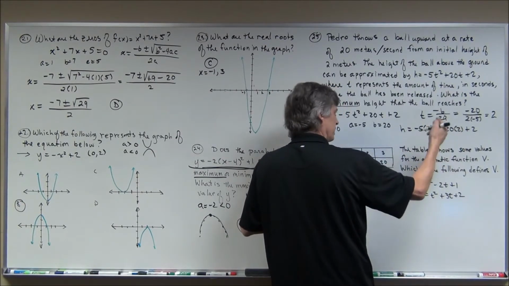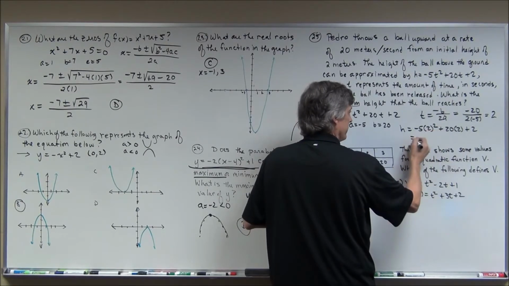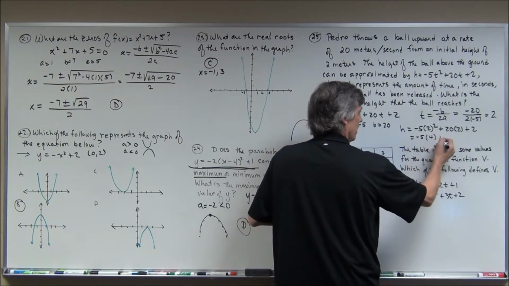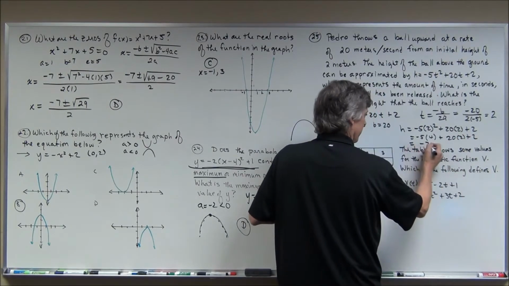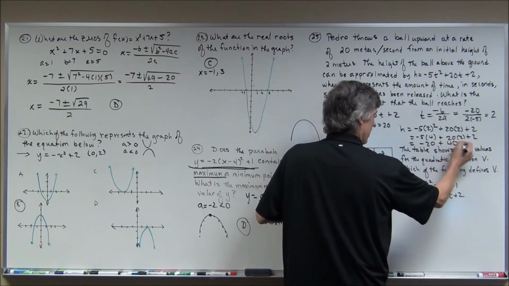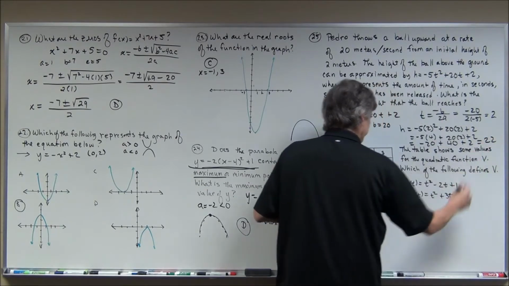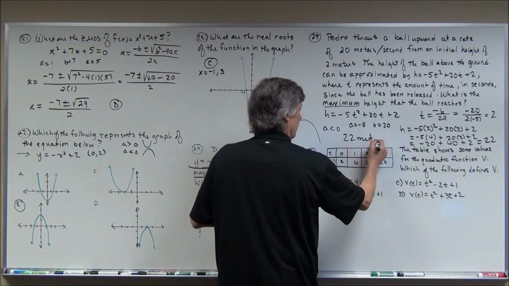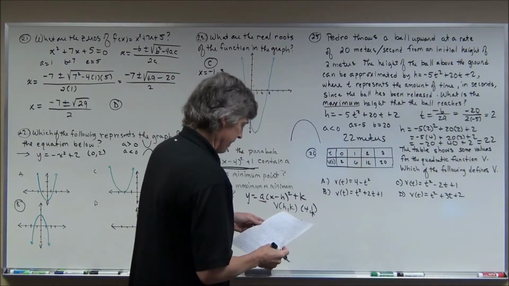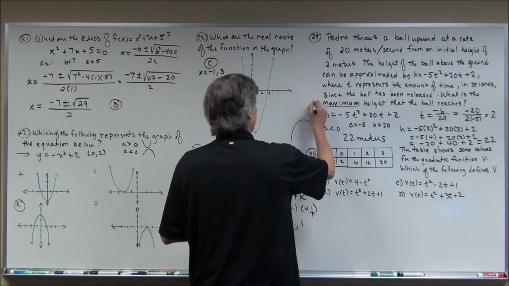Order of operations, exponents first. So this is going to be -5 times 4 plus 20 times 2 plus 2. This is -20 plus 40 plus 2, which is 22. So this thing reaches a height of 22 meters. Don't forget your units. And hopefully that matches an answer. It does. It matches answer D.